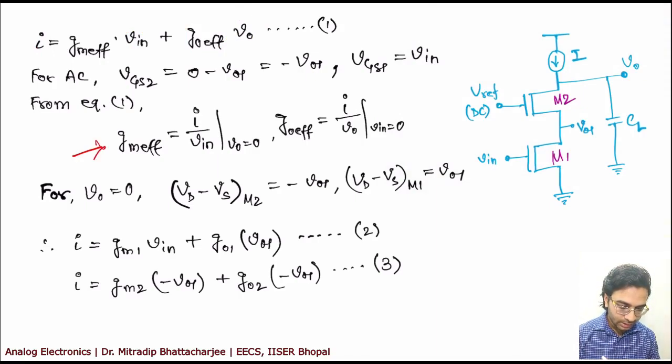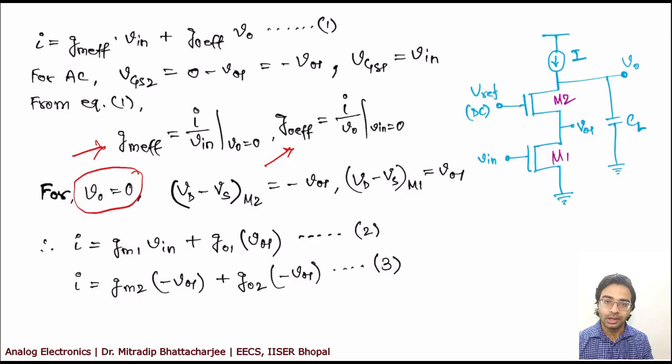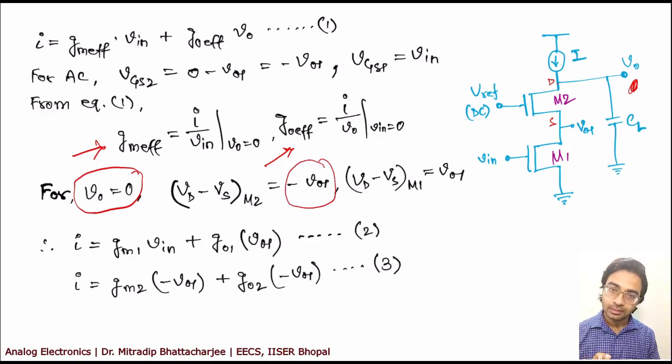And you have already seen how we define GM effective and GO effective. Let us start with GM effective. In case of GM effective, consider V0 equal to 0. What does that mean? The AC voltage at the output is 0. What is your VDS value for M2? This is drain, this is source. So if you check your VDS value, this is nothing but 0, because I have already considered this 0, and this is V01. So it's 0 minus V01, which will be minus V01. Clear?